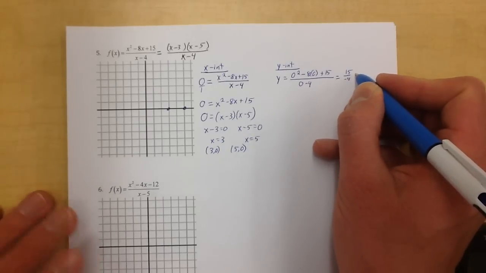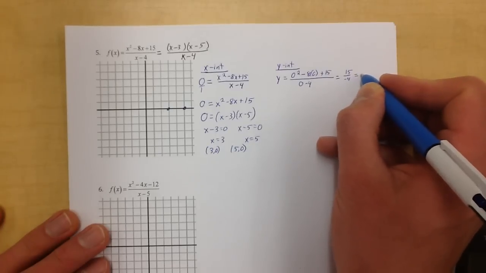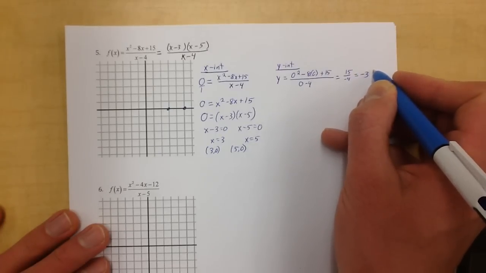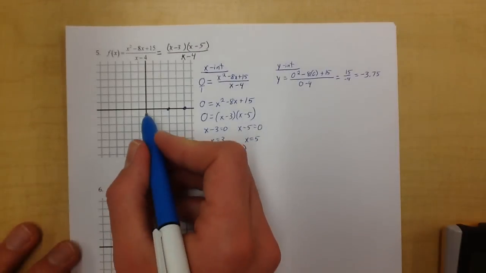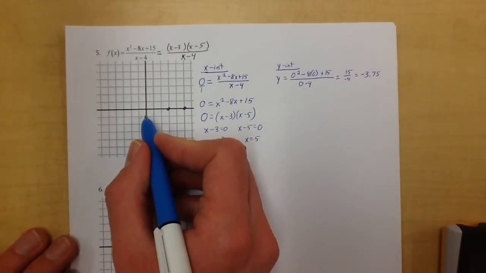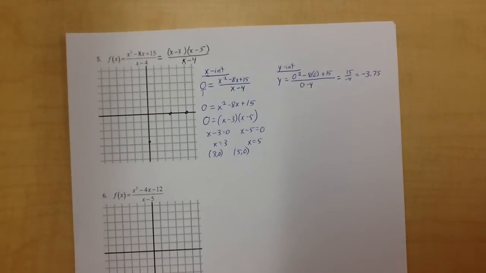That is a little below 3. So this is equal to negative 3 and 3/4. So this doesn't have to be perfect, but just as close as you can get it. Negative 3 and 3/4. There it is. Okay.